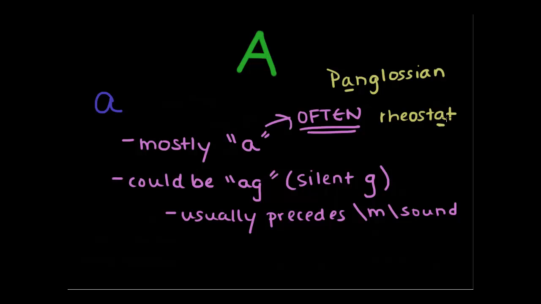So rheostat, just keep it A. And an example with the AG would be diaphragm. Hopefully a word you all know. See the M there, diaphragm. And again, this does not happen that often, so your best bet would be to go with just an A for the A sound. Okay, so that covers short A, which means we're left with long A.